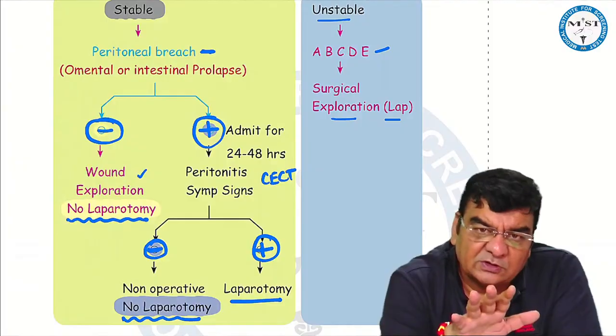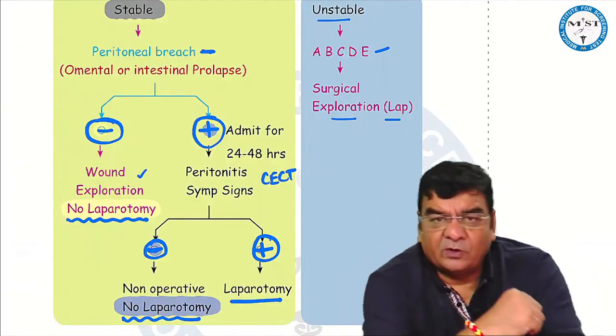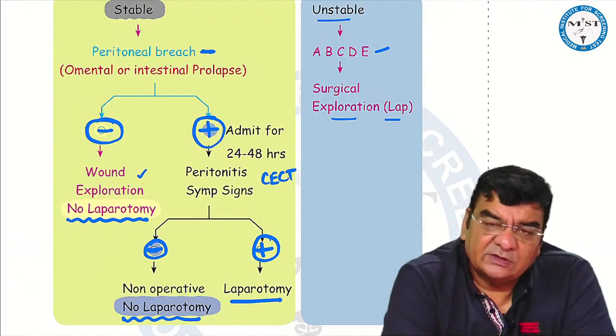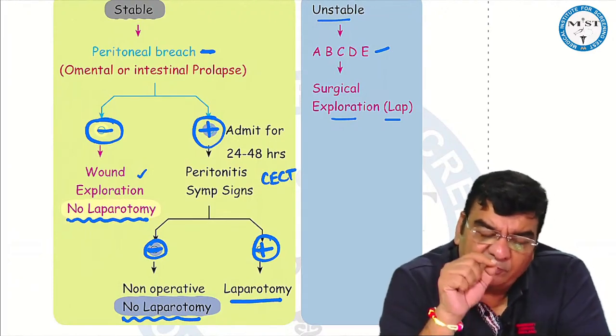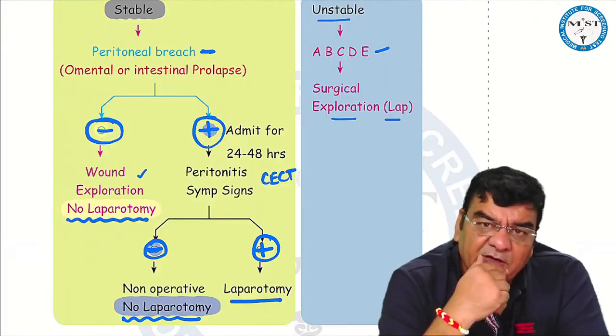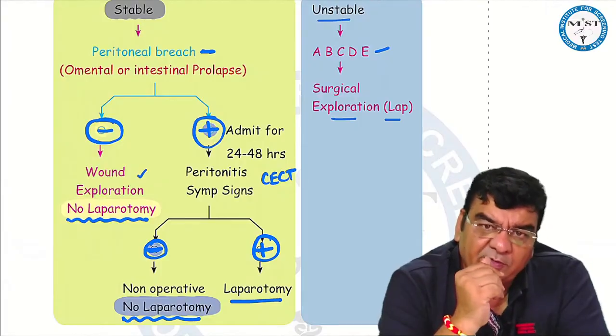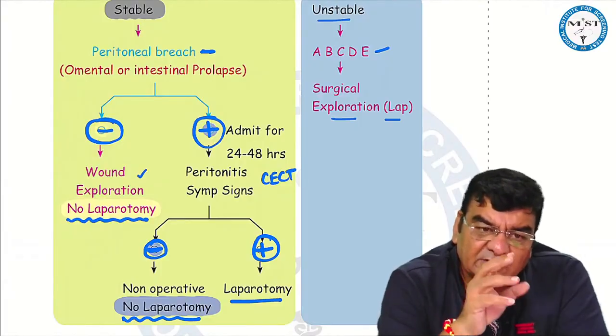If the patient does not develop any peritonitis or anything, then no laparotomy, nothing has to be done. You can discharge this patient. But if by chance the knife has perforated the intestine, the intestinal contents will leak in the peritoneal cavity and cause peritonitis.